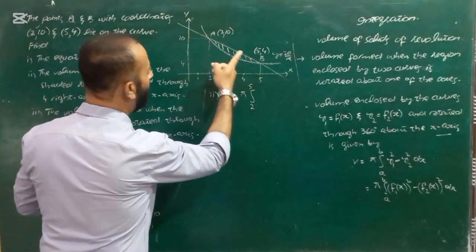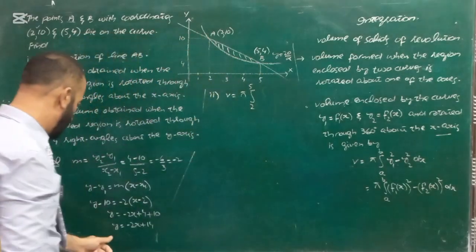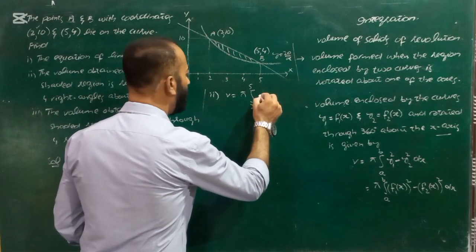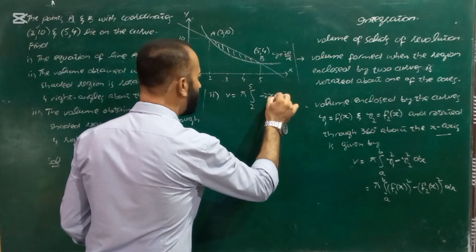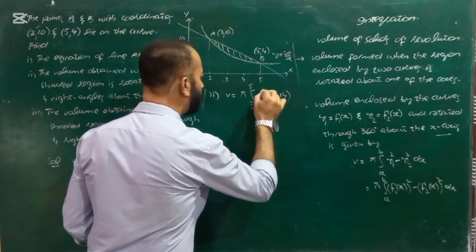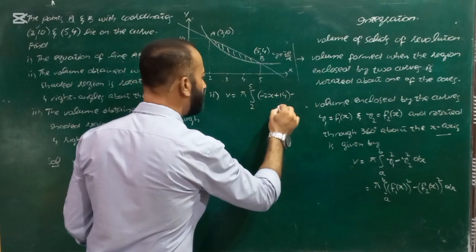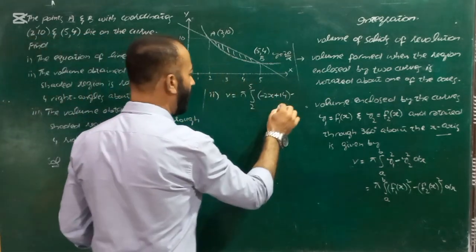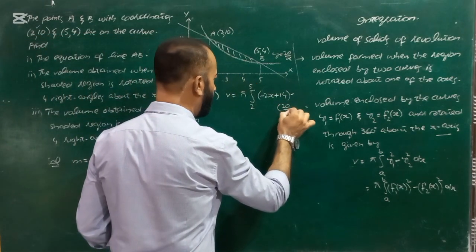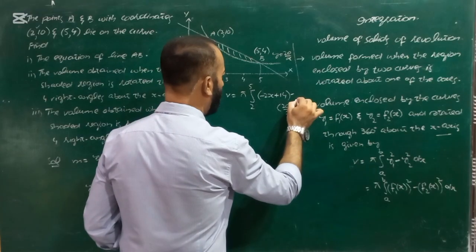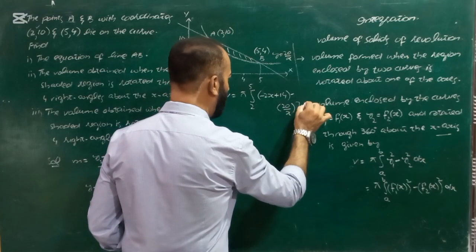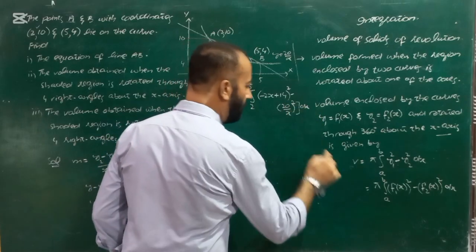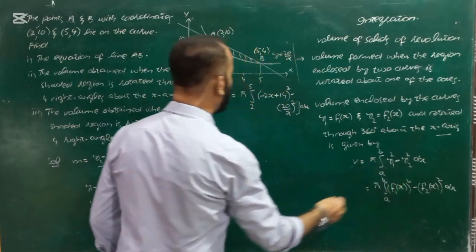So the line which is above, that is minus 2x plus 14, minus the lower curve, and the lower curve is 20 by x. And here is dx. And here will be squares.